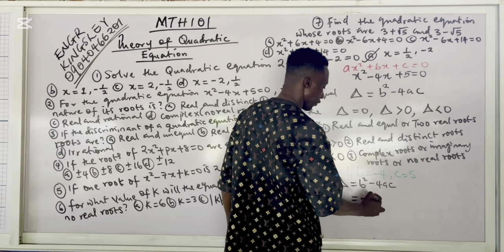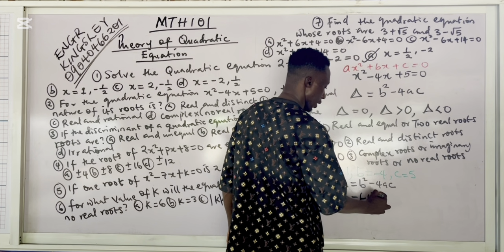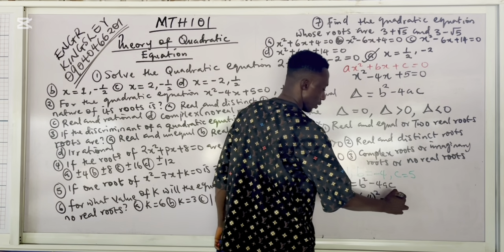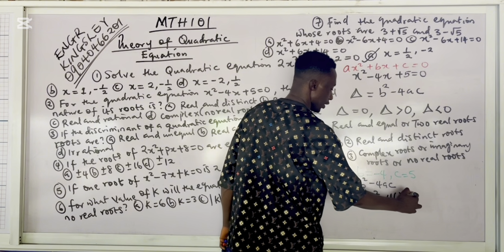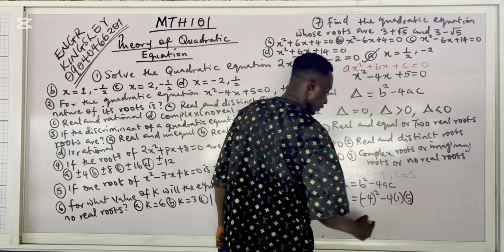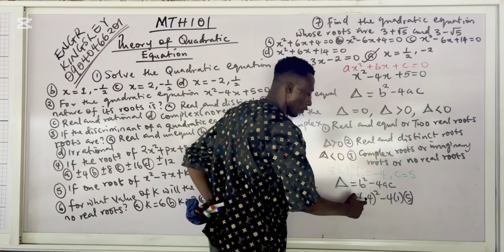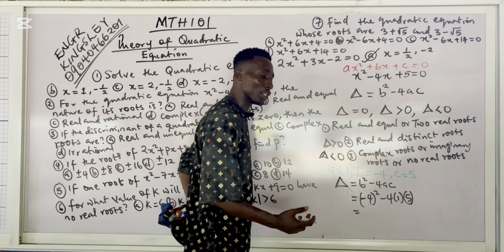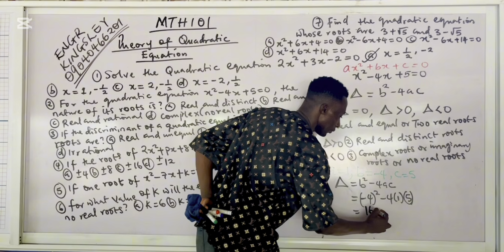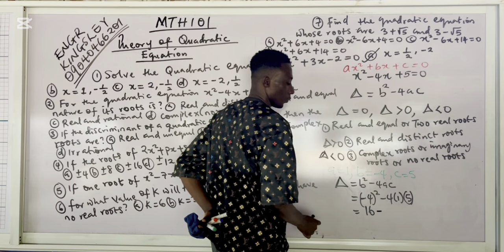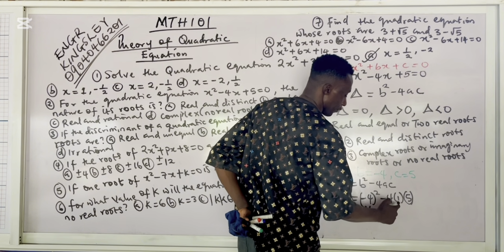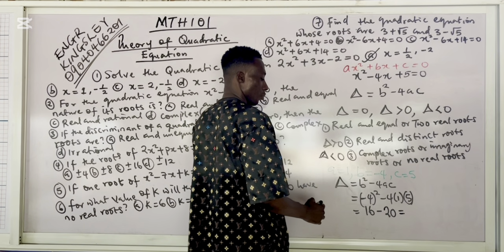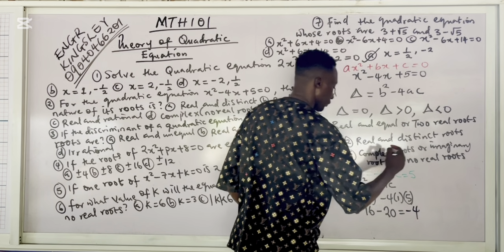We have minus 4 all squared minus 4, and the a value here is 1 and the c value here is 5. Minus 4 squared means minus 4 times minus 4, which is 16. Minus 4 times 1 times 5 will give us 20, so 16 minus 20 equals minus 4.